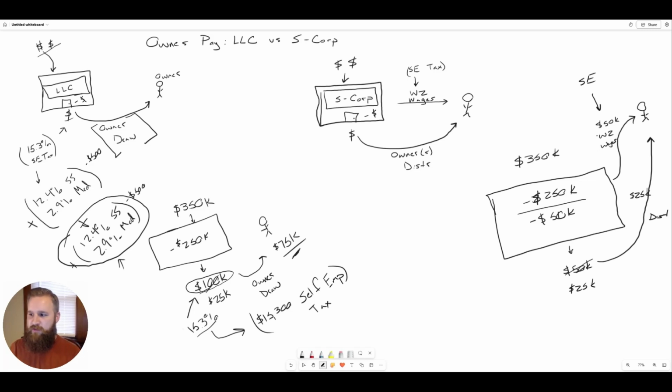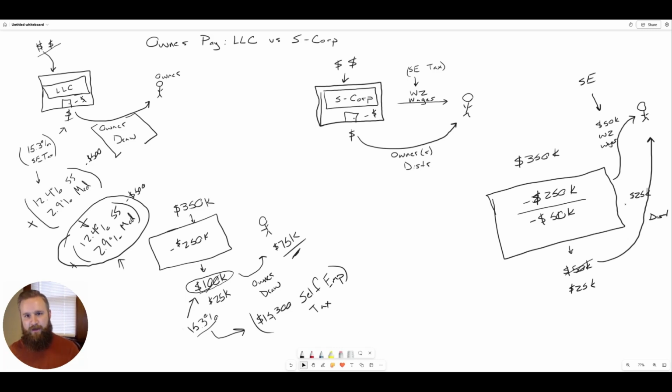So for all of these $50,000 in W-2 wages, you paid Medicare and Social Security, and the company has to match that. However, when you come down here to the profits now, you distributed $25,000 to yourself and $25,000 still remains in the bank.